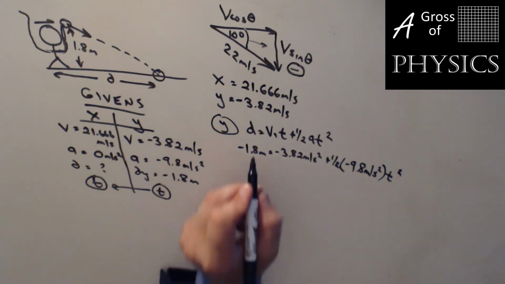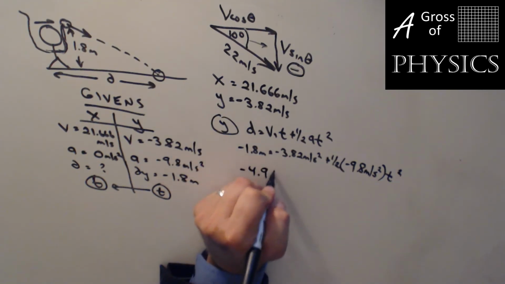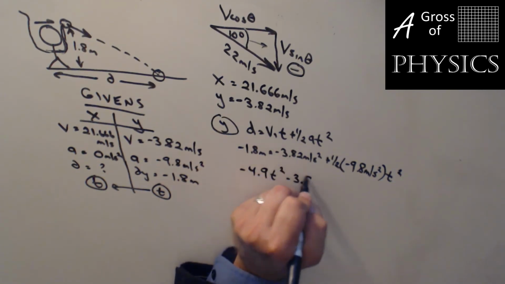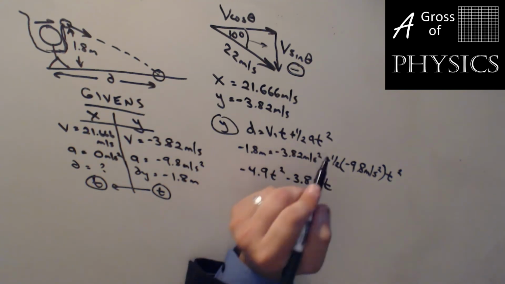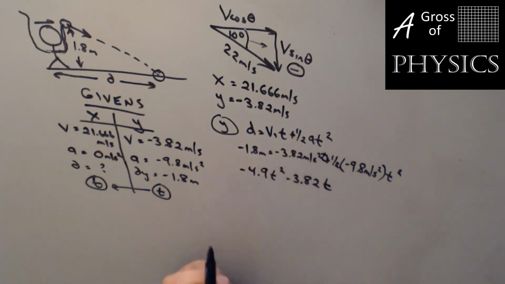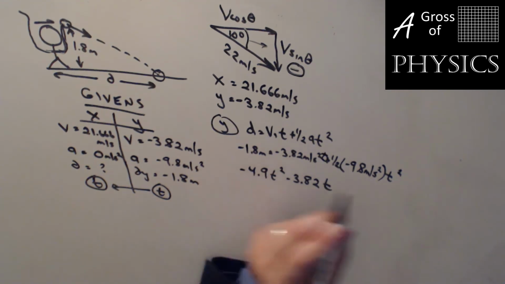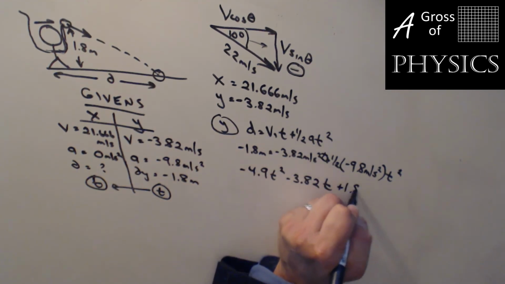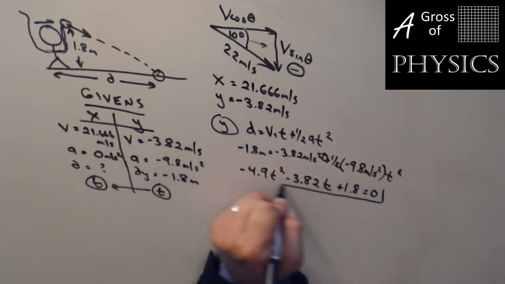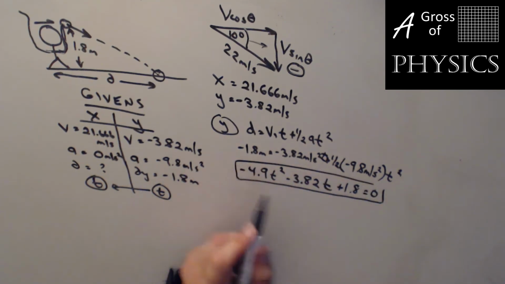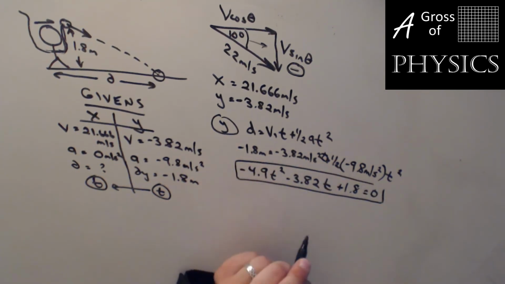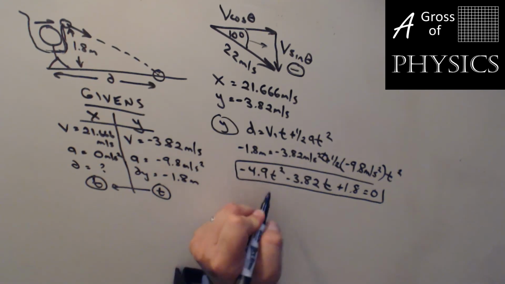I'll simplify that by doing negative 4.9 t squared minus 3.82 t, and I think I forgot to write the t in the equation. Then if I bring the 1.8 over, it becomes positive 1.8 equals 0. So my a term is negative 4.9, my b term is negative 3.82, and my c term is positive 1.8.